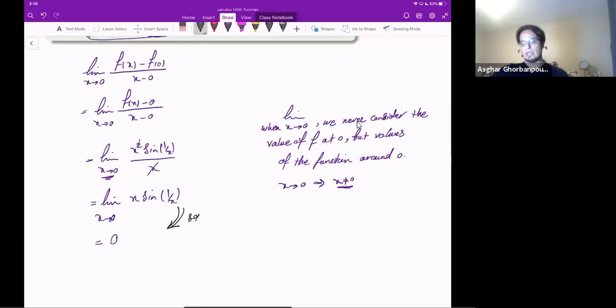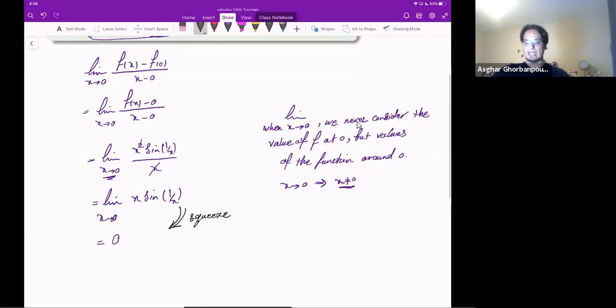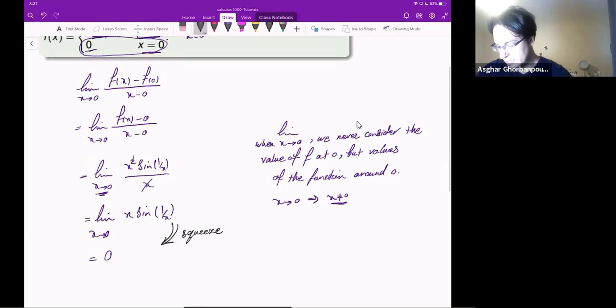Well, here is where the squeeze theorem comes in. I won't do it here because we already did the one that is x squared times sine 1 over x. It is very similar to this. You have to be careful when you're setting up the inequalities, because x can be a positive or negative value, but that is what it will give you.